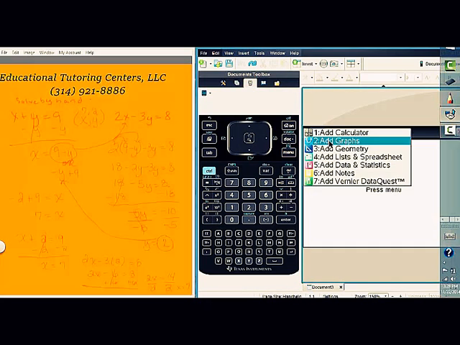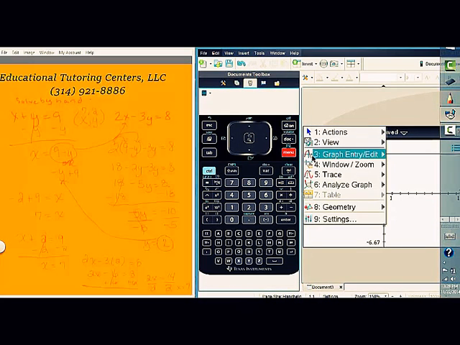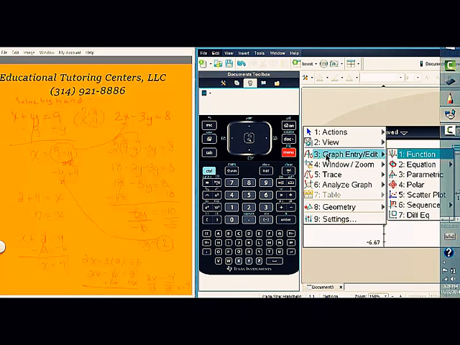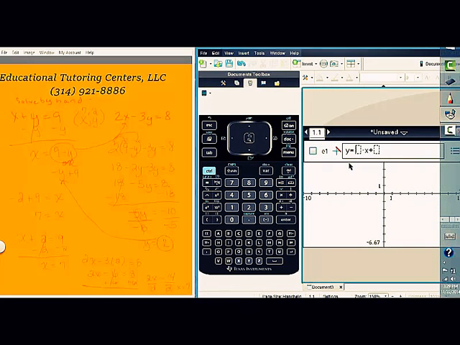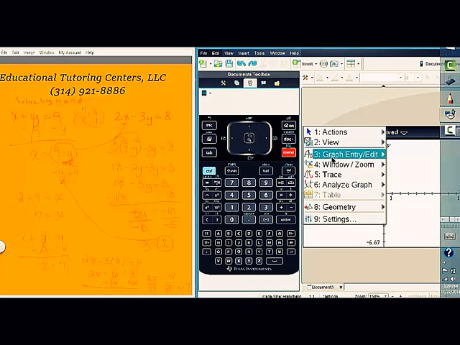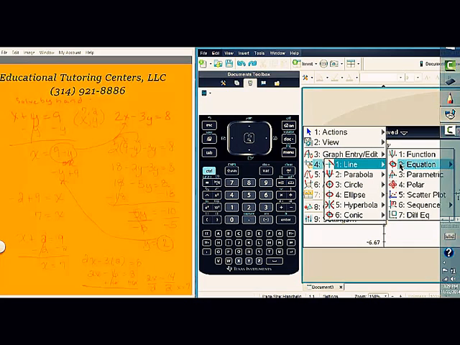Click on your graphs, add graph, okay, and then you go to menu, and you can click 3, or you can touch the 3, or you can type the 3. Then you go to equation, and then you come over here to line, and you click line. And then here you have your options.